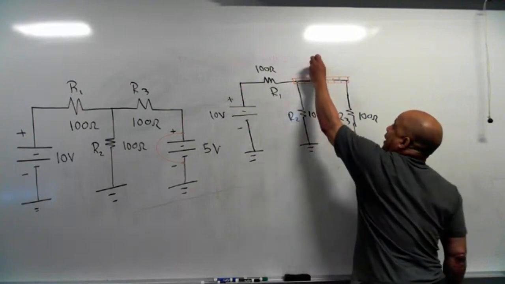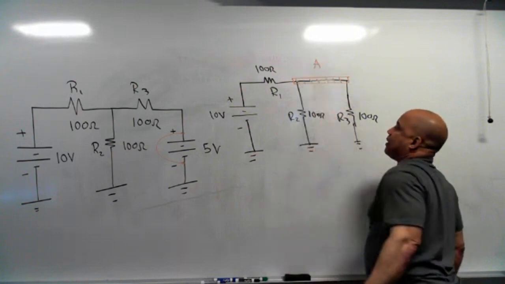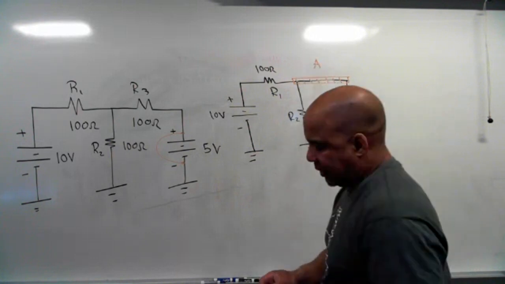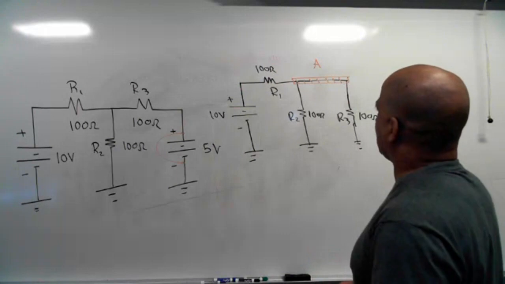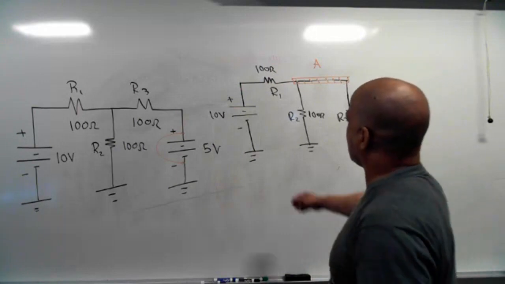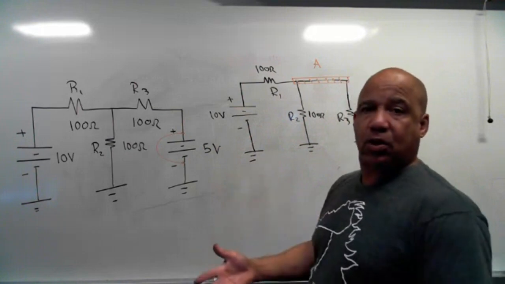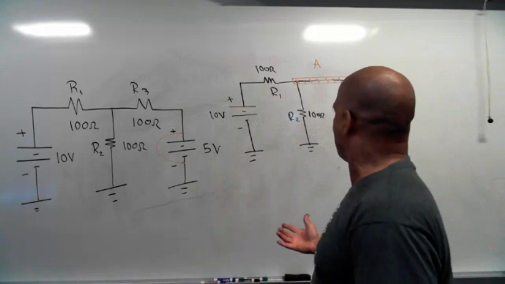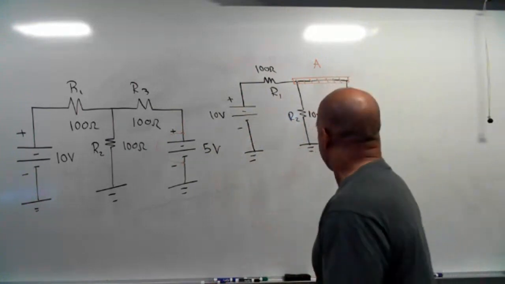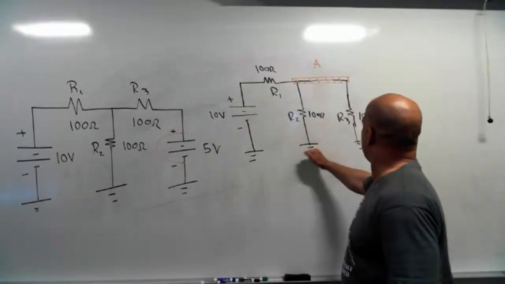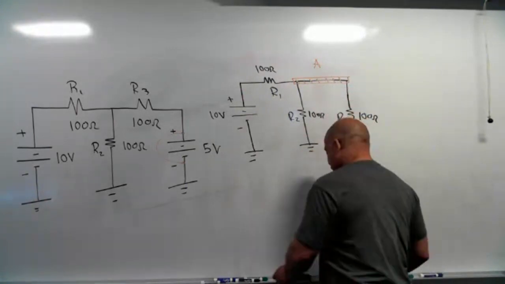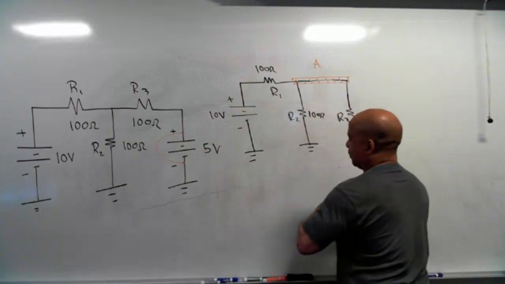I'm going to call this node A. So I label my nodes, and now I'm going to start from the part of the circuit furthest away from the voltage source. I'm going to start combining stuff until I get down to a series circuit. In this case, I can do it in 1 step. I can combine R2 and R3 in parallel, and then the series circuit I end up with is this one.